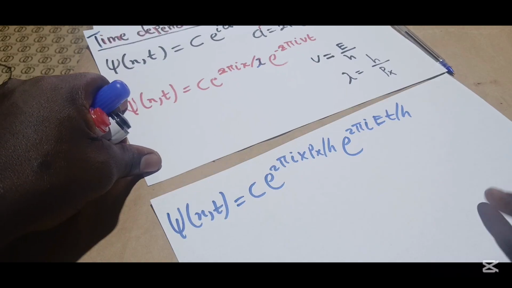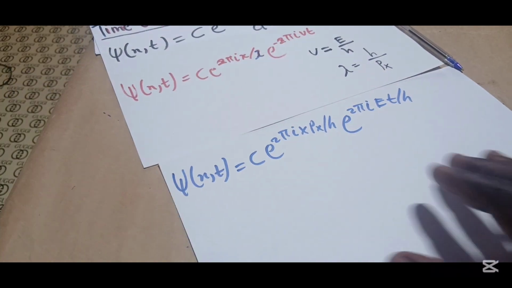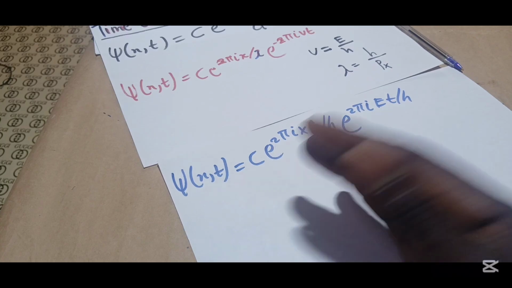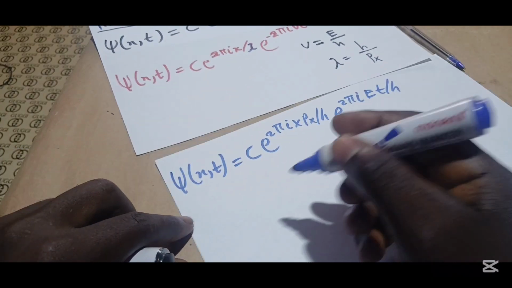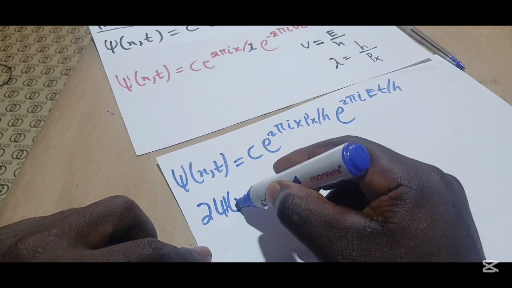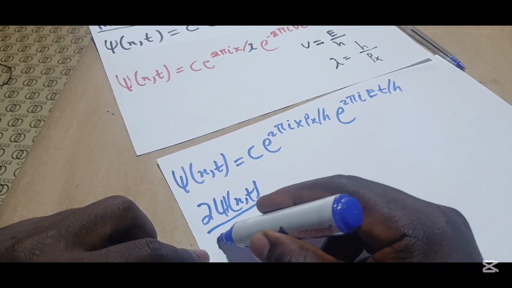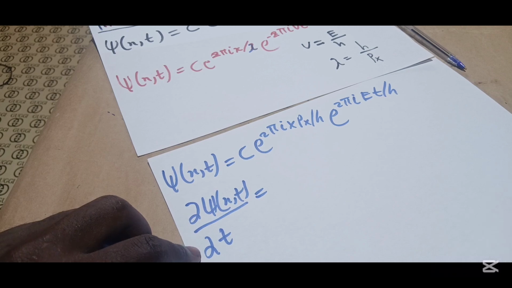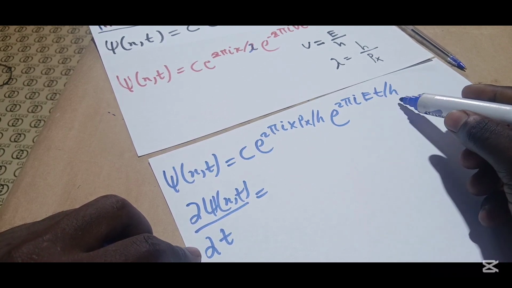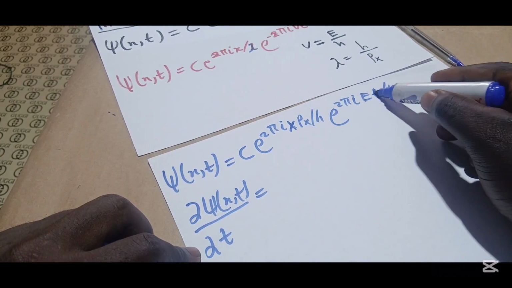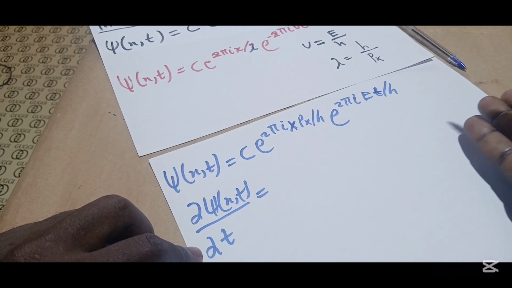The next thing we want to do is to differentiate the wave function with respect to time. So d psi over dt. This wave function has the time part and the distance x part, right?